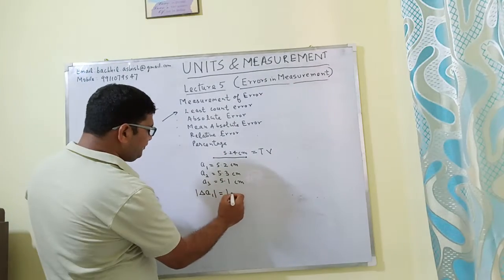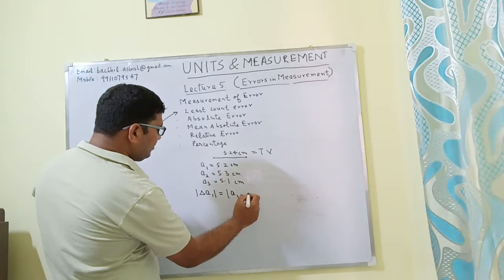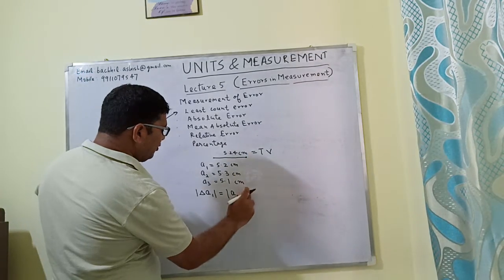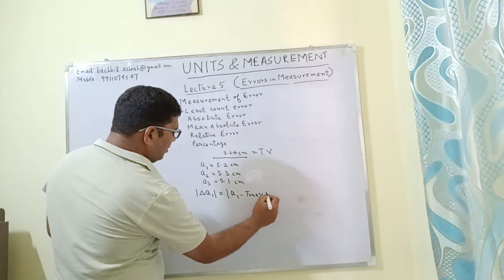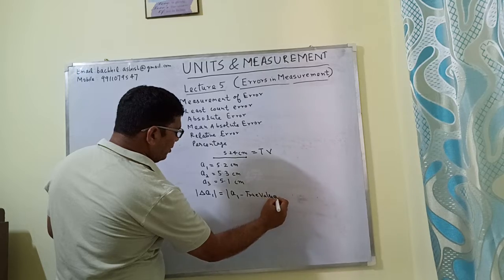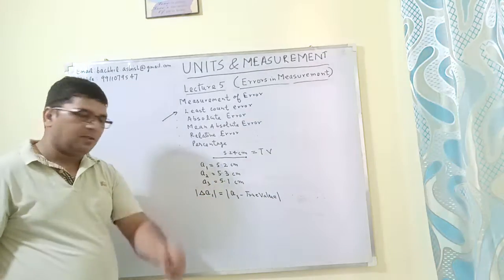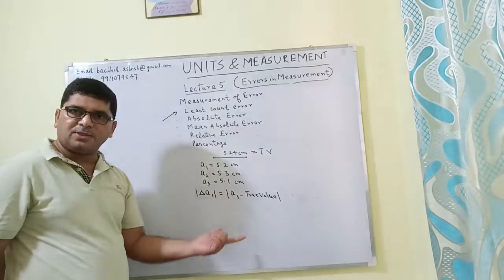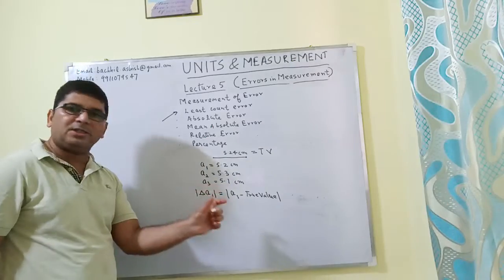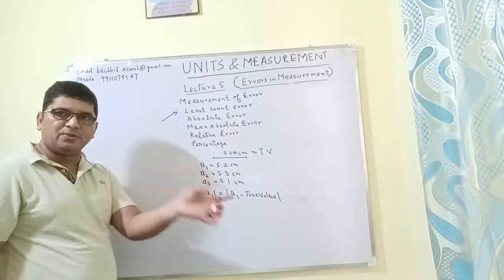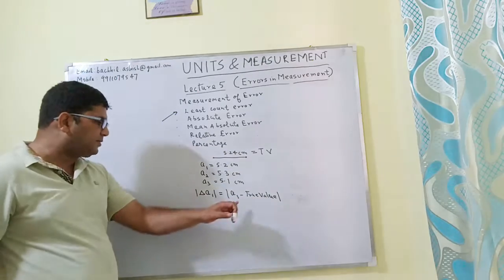This will be equal to A1 minus true value. Or you can also write it as true value minus A1, because error is a deviation. We are measuring the deviation of the measured value from the true value. So you can write it as true value minus A1 or A1 minus true value, because this is a mod.